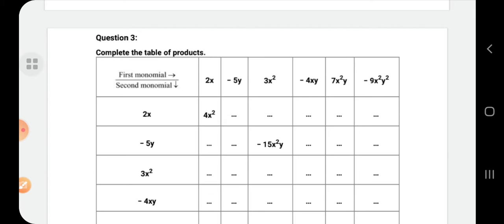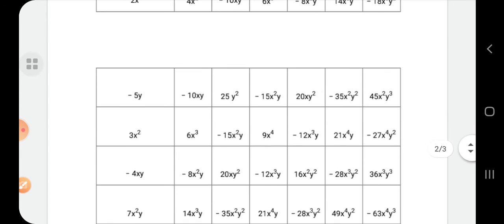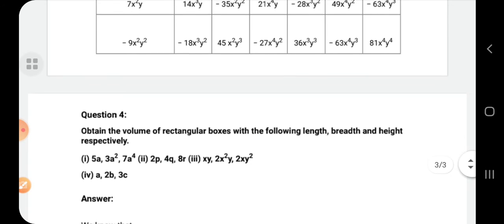There are monomials given, we have to multiply them and make a single term. Here minus 5y is multiplied by all the terms given in the vertical column. There are horizontal and vertical columns, we have to multiply each of them and write their values in the respective boxes. In this way complete the table by multiplication.